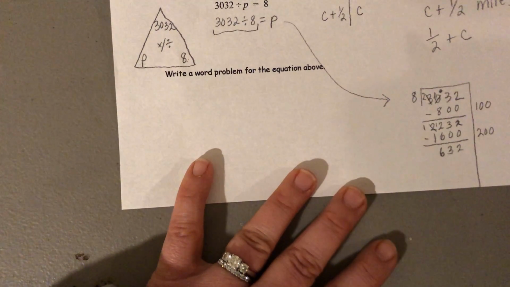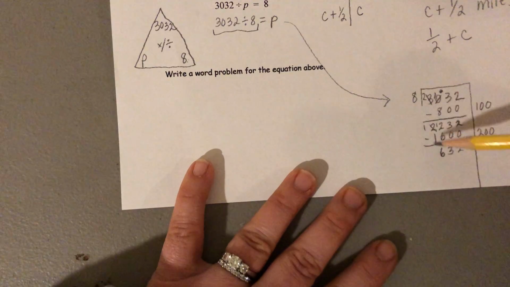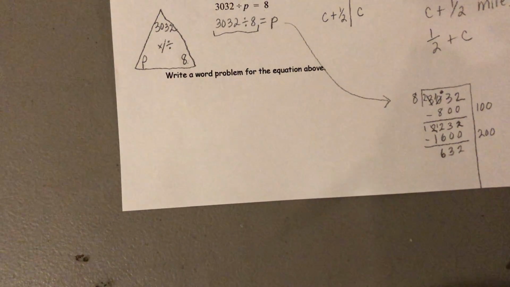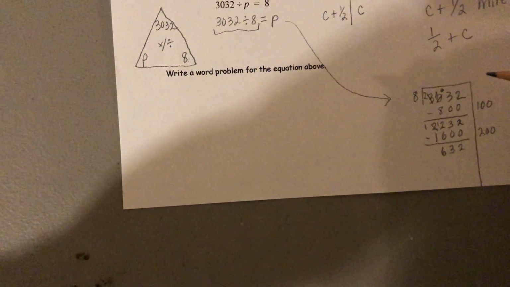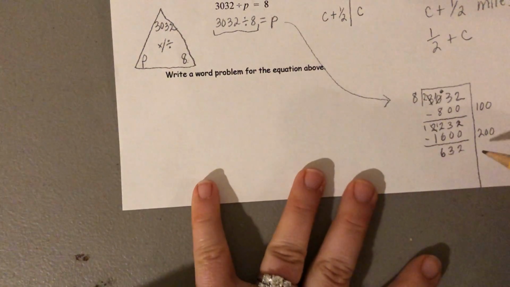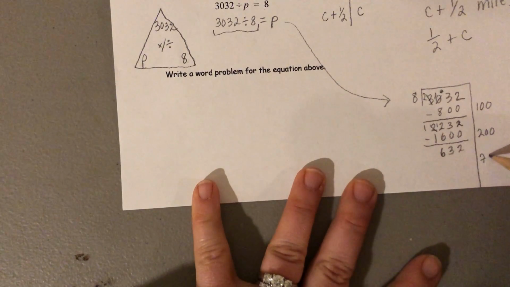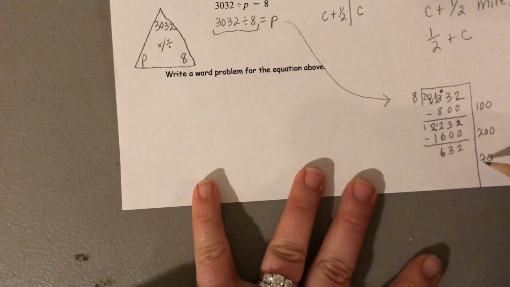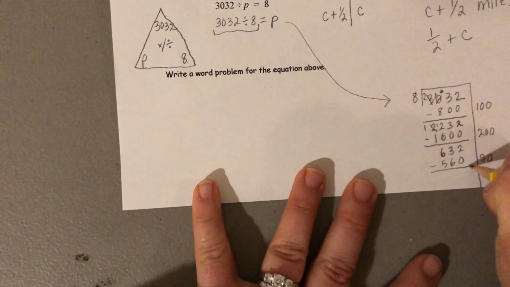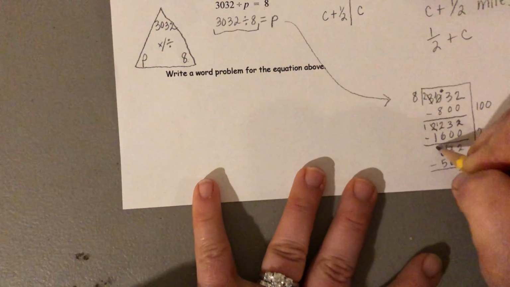I'm going to use my math facts to think 8 going into 60. Well, 8 times 8 is 64, so that would be too big. So let's do 8 times 70. 8 times 7 is 56 with an extra 0.